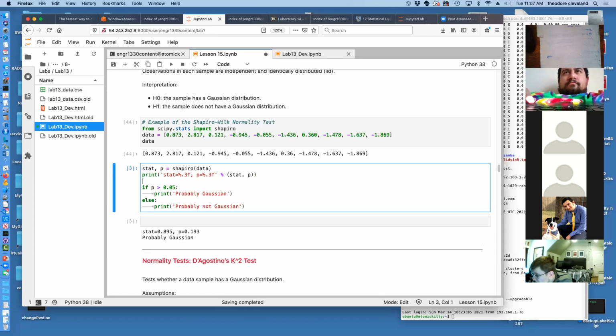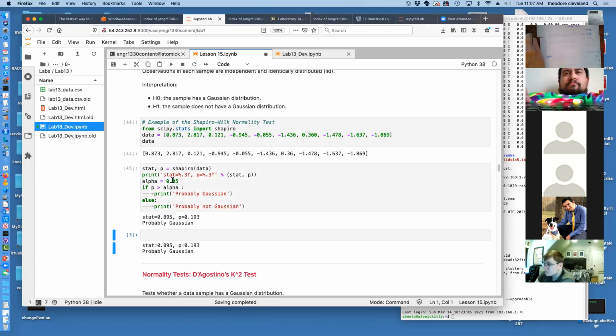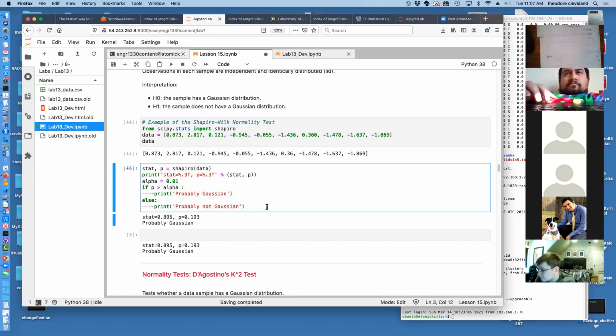And we can get fancy. We actually can explore. All I've done there is make alpha an adjustable variable. We run that and it says it's probably Gaussian. Let's suppose that we want a more rigorous test. The evidence is that our distribution is pretty darn Gaussian.